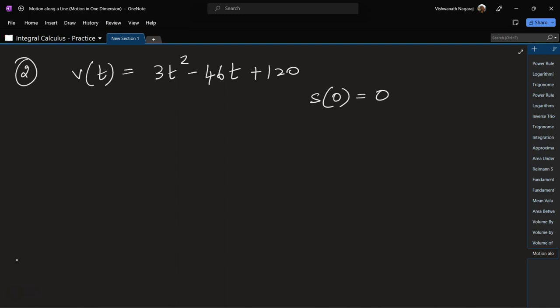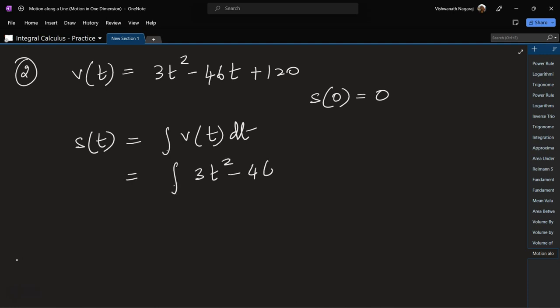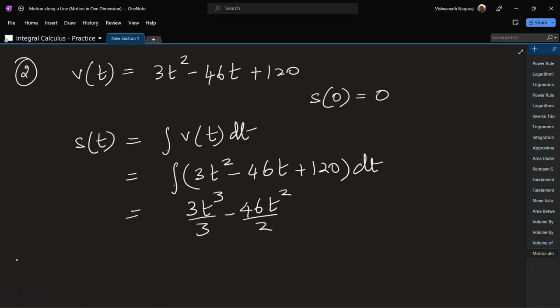So given these two facts, we can figure out the displacement is equal to the integral of v of t dt, which is the integral of 3t square minus 46t plus 120 dt, which gives us 3t cube by 3 minus 46t square by 2 plus 120t plus c.